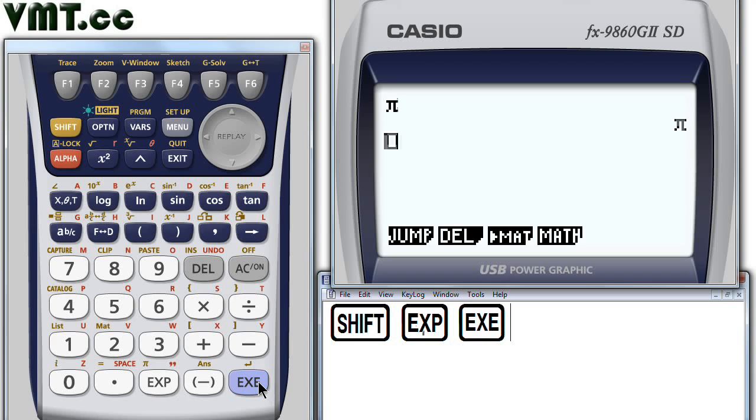Press Execute, and you're given the exact form of pi on your calculator display. To get the decimal approximation, press the fraction decimal conversion key, even though it's not a fraction.